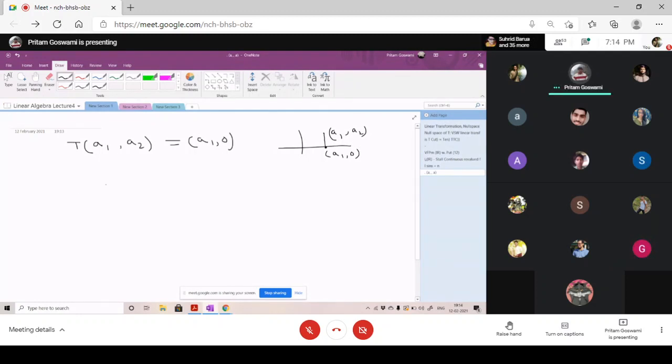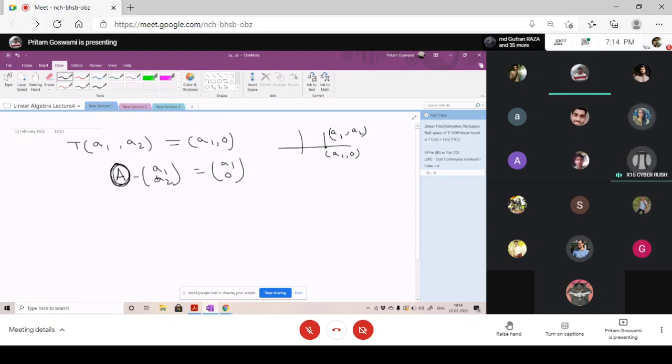Now, in the previous two examples, here A1, A2 equals A1, 0. In the previous two examples, we got a matrix. After we multiply with this point, we got the desired point, right? So here, can you guess the matrix, or will there be a matrix?